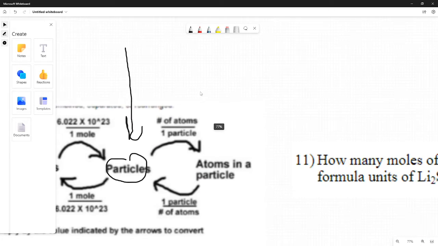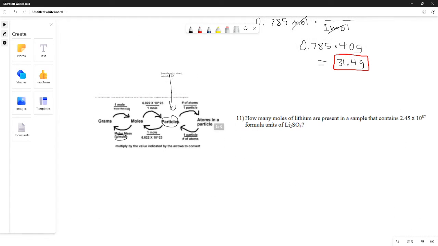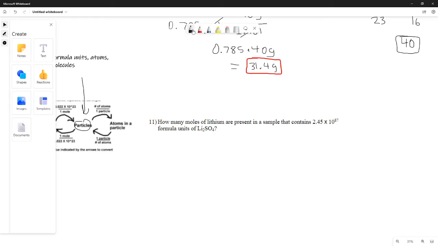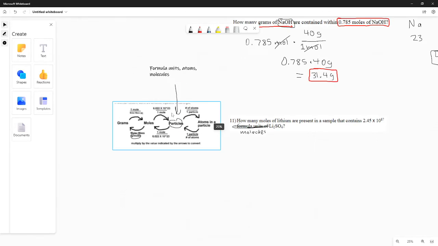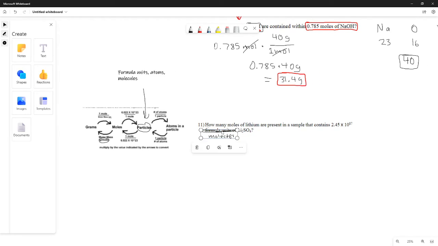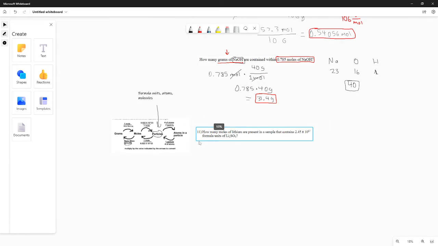So if the question was instead how many moles of lithium are present in a sample that contains 2.47 molecules, it's the same thing as just particles on this conversion chart. So particles can mean formula units, atoms, molecules, and so on. So don't get confused when you don't see it on there.